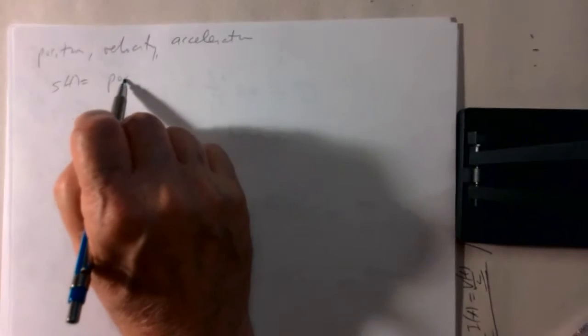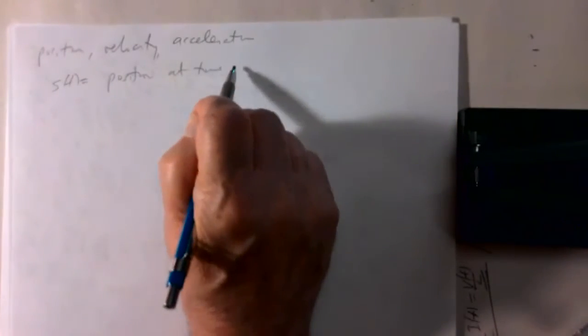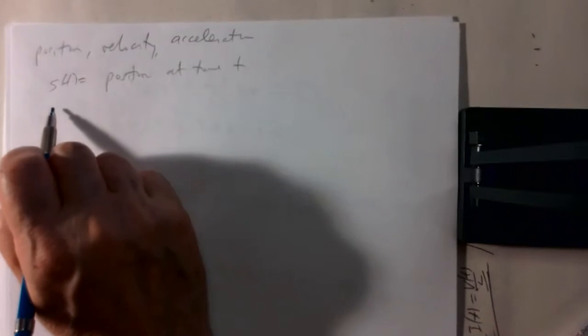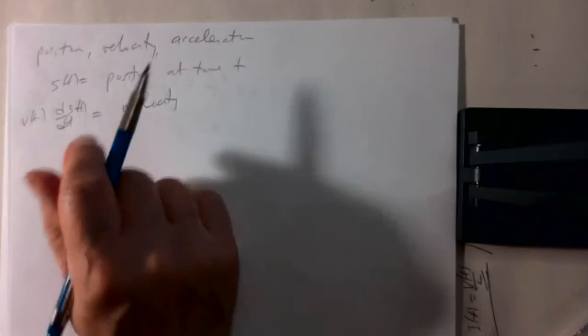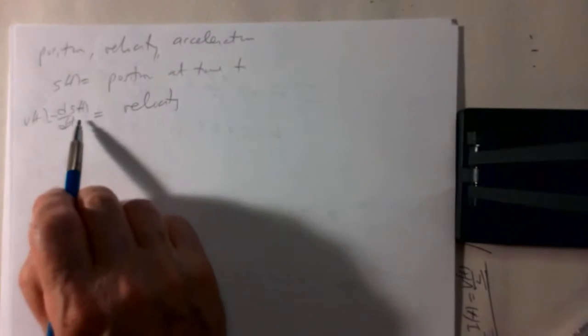So if s of t equals the position of a particle at time t, if you differentiate position, this by definition is the velocity, v of t. Right? So velocity is the first derivative of position.